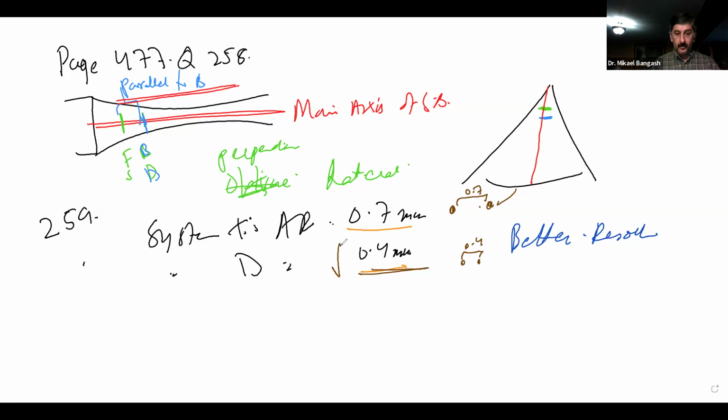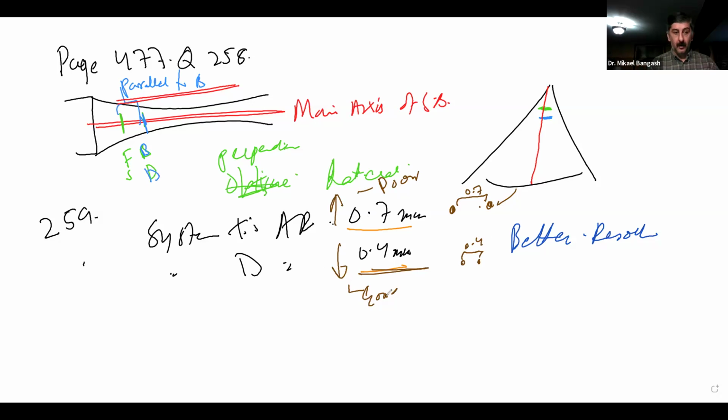So this one has the lower numerical value, and this one has the greater numerical value. Greater numerical value is going to lead to a poor resolution. Lower numerical value is going to lead to a good one.